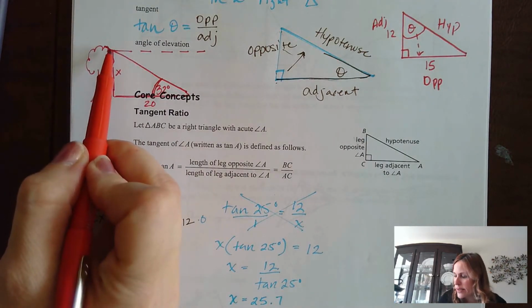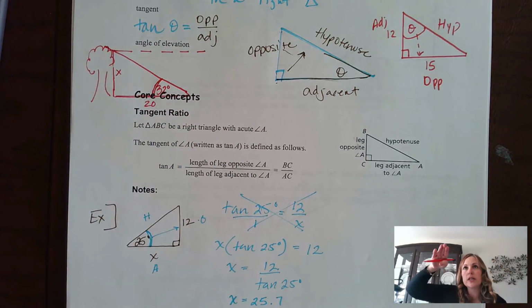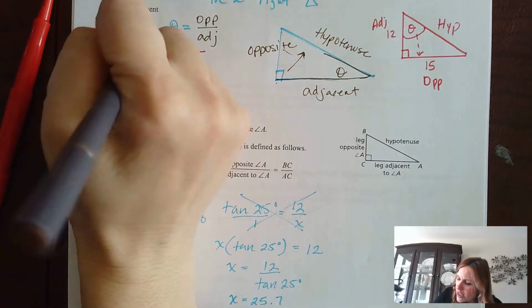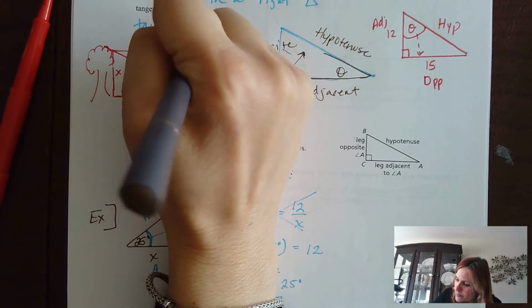Let's say there was a bird in the tree looking down at a worm on the ground. The bird is looking straight across, that's its horizontal distance, and then it drops its eyesight to the ground. That angle is your angle of depression. So this angle right here would be called your angle of depression.